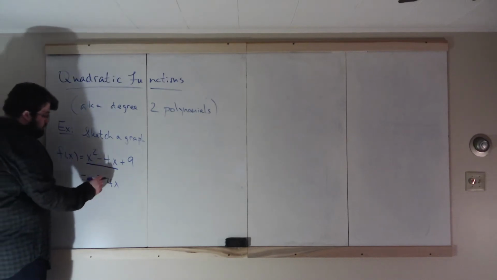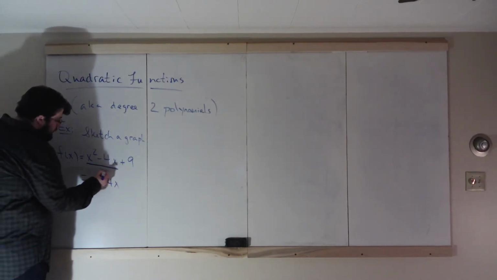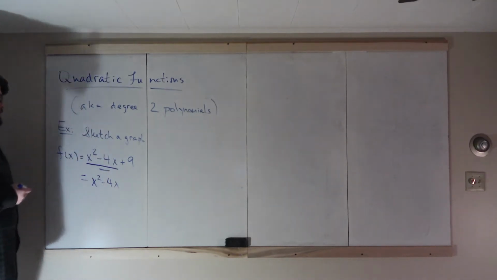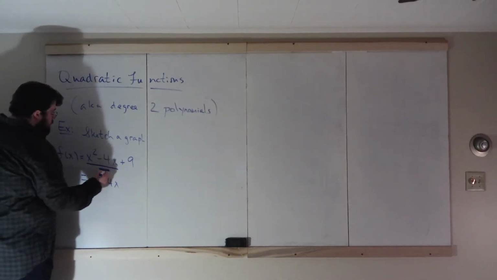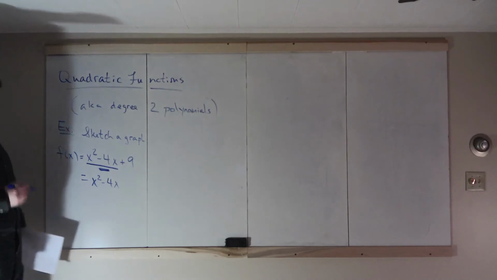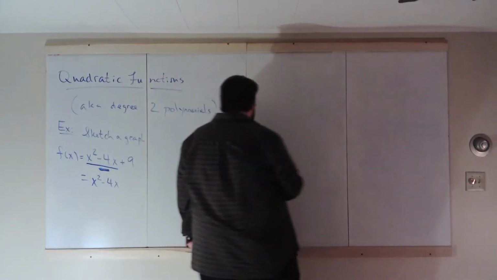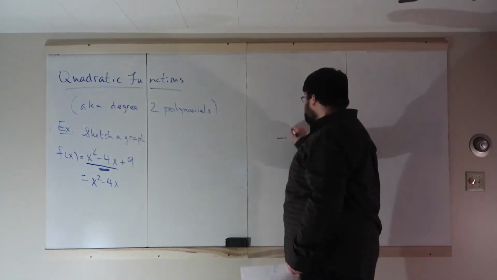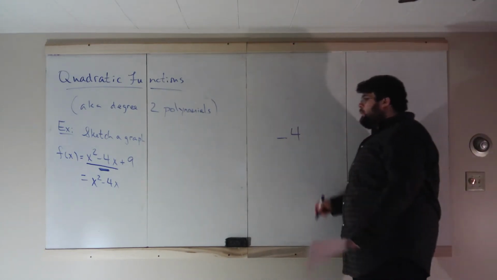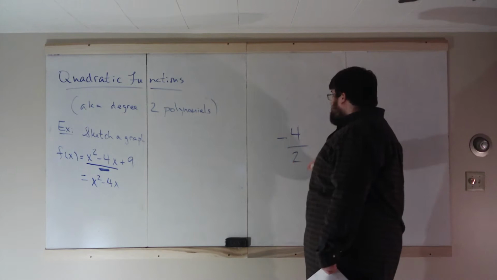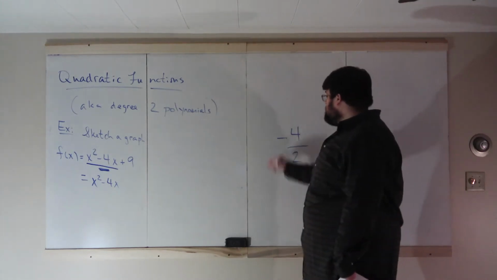But what we do here, looking at the x squared and the x, if the coefficient on x squared is 1, which it will be, all we have to do is look at this number here, which is negative 4. So we look at the coefficient on x, negative 4. What we do with that is we take half of it, so divide by 2.